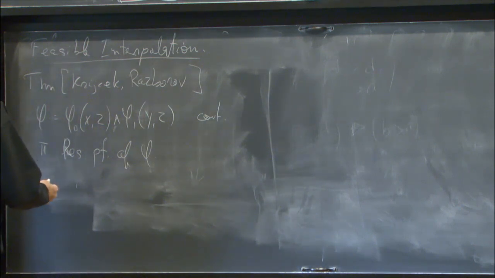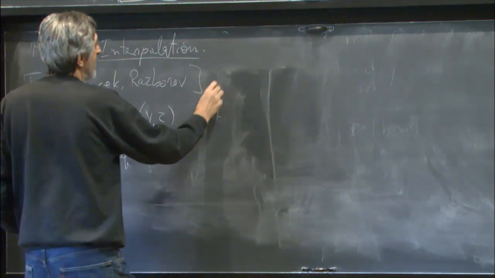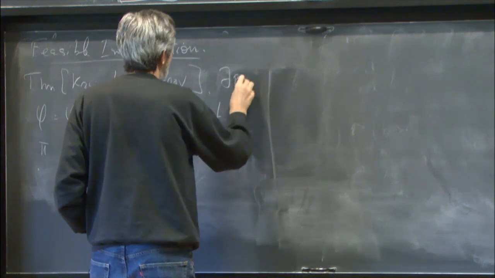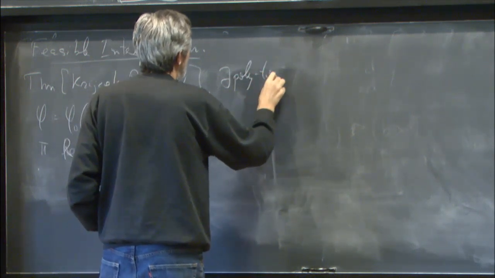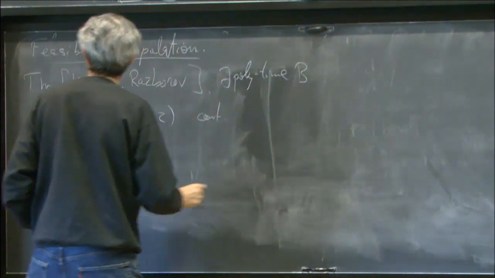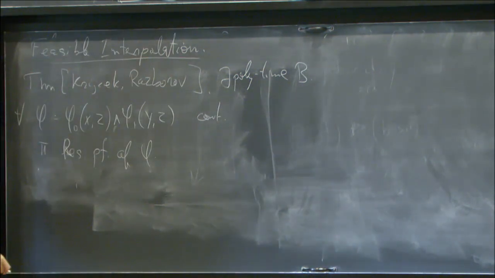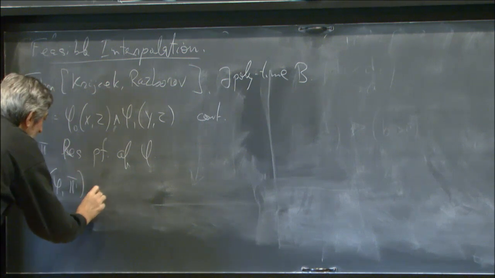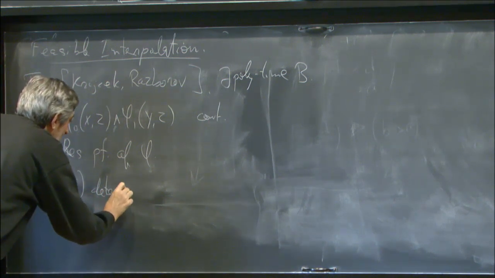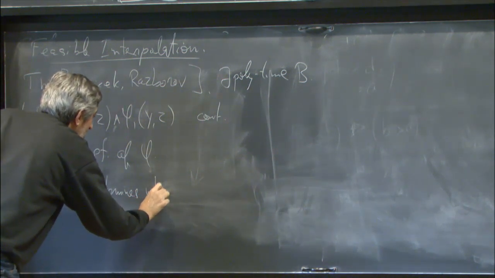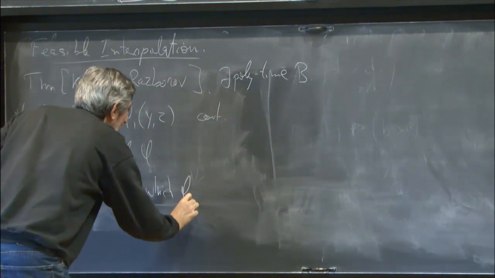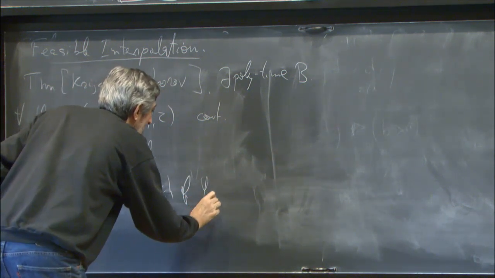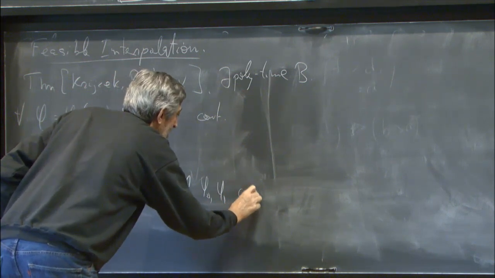then there's this polytime algorithm B, so for every such formula, and with a resolution proof, B of phi and pi determines which of phi 0, phi 1 is a contradiction.